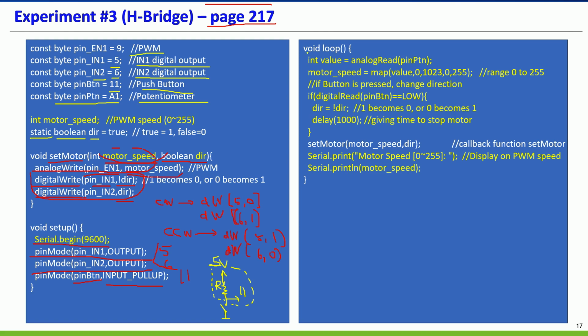Okay, and then in void loop we do the rotation continuously, again and again, by reading the potentiometer value with analogRead.